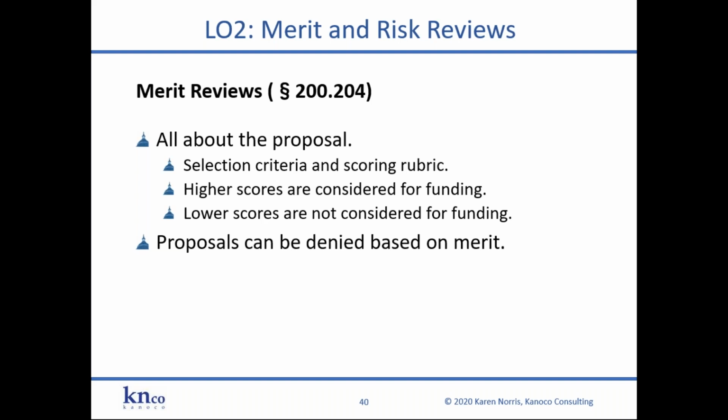So the merit review is going to be all about the proposal. It's the selection criteria that we've been talking about, the scoring rubric. The higher scores generally get the funding and the lower scores generally do not get the funding. Proposals can be denied based on merit. Maybe the applicant has written a proposal and it was just weak. So if you're denied on merit, that's okay.